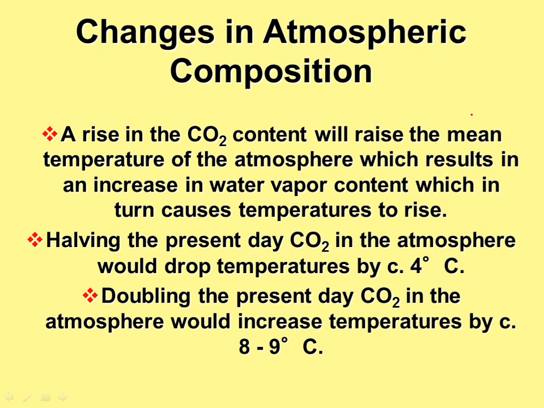On the other side of the coin, which is more likely than the first point that I made there, if we were to double the CO2 concentration in the atmosphere, you would increase average temperatures by about 8 or 9 degrees Celsius.